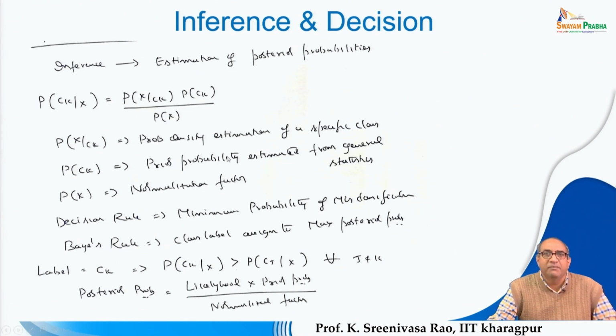Then coming to how do you make a decision? We have already seen that using the posterior probability we can make a decision.